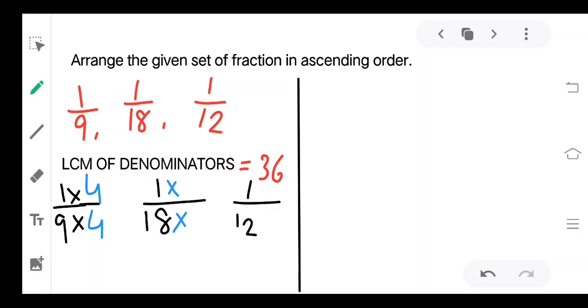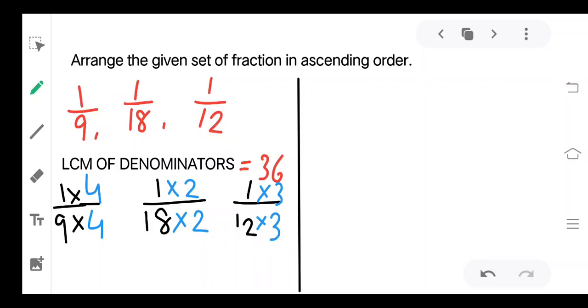Same with 18: when I multiply by 2, I get 36, and 12 multiplied by 3 gives 36, so the denominator is 36.